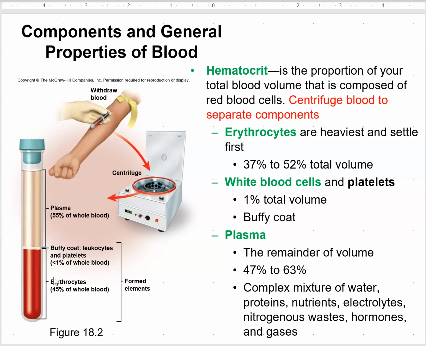So this test can give very important, preliminary information about different blood conditions. The formed elements are basically a combination of everything in blood apart from plasma. The white blood cells, platelets, and erythrocytes together comprise the formed elements in the blood.